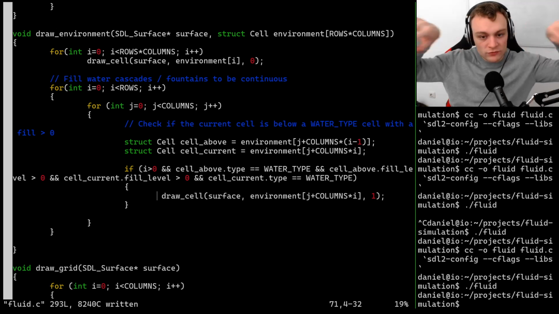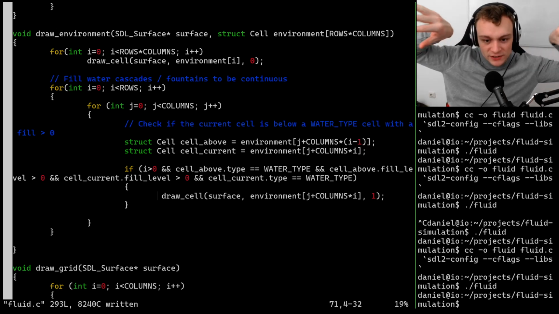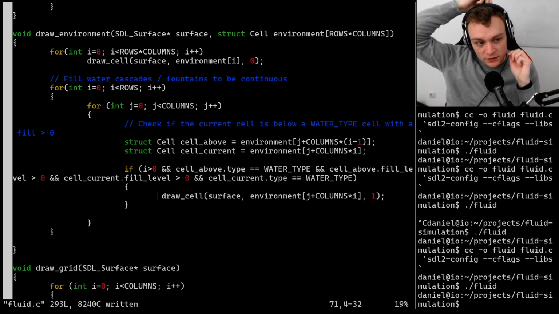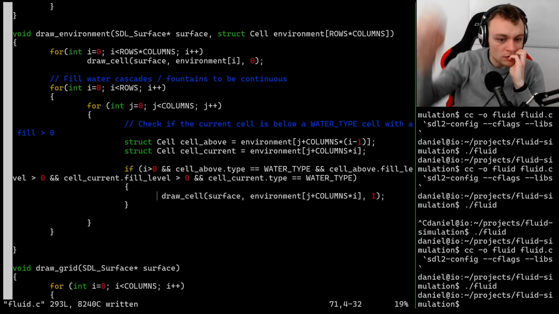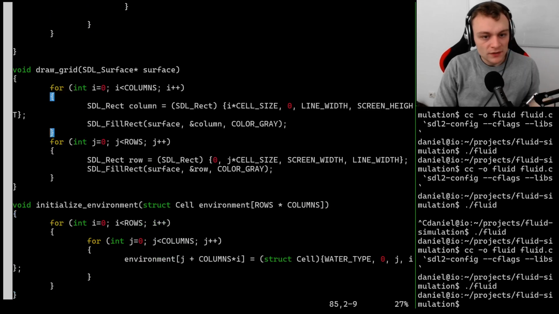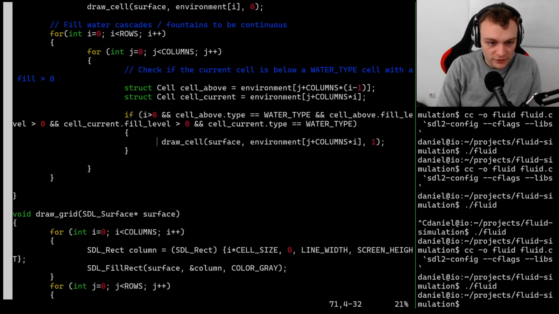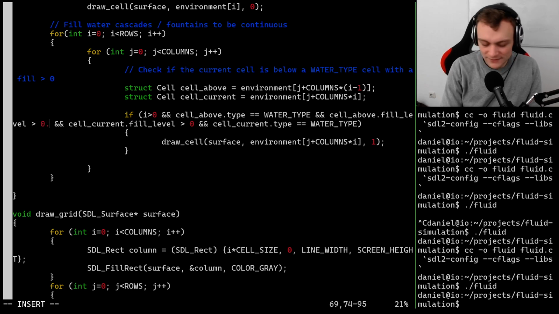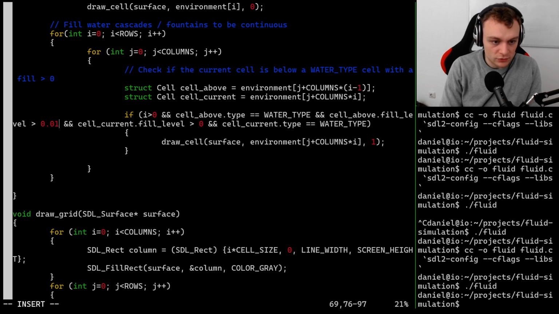Because we spread fluids to the side, but in very tiny, tiny amounts probably. Let's check if the fill level is not bigger than 0, but bigger than, whatever, 0.01, for example.